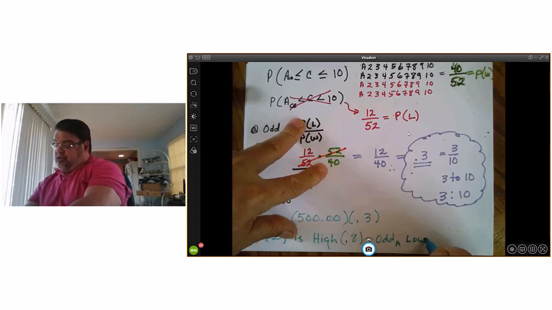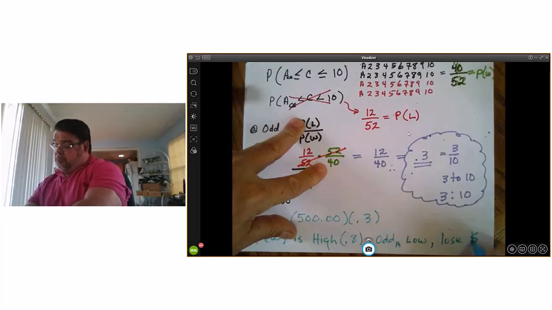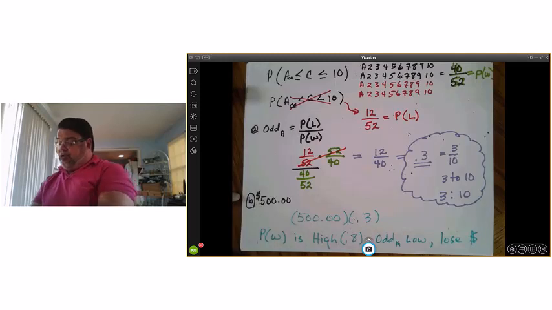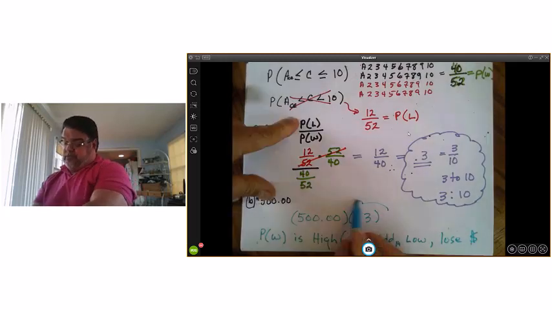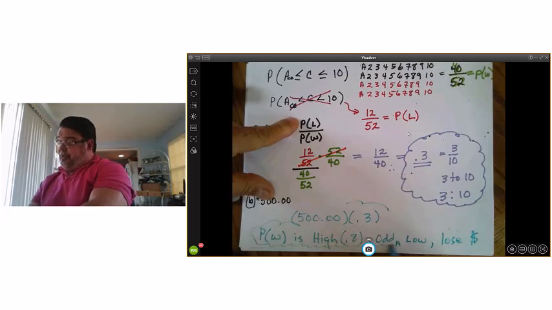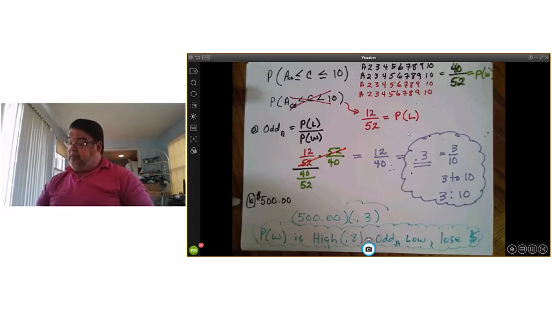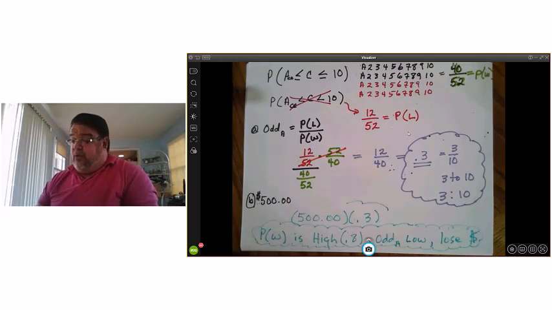And that means that you're going to lose money, or you're not going to make as much. Okay? So that's what you need to remember when you're talking about odds. Odds are going to be in favor of the house, which is the casino or the racetrack. They don't want to give away their money.